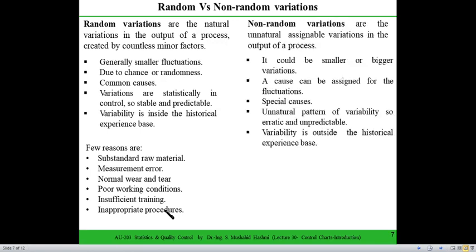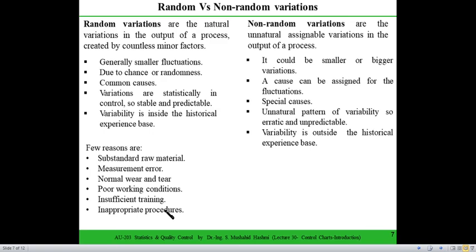In contrast, non-random variations are the unnatural, assignable variations in the output of a process. In contrast to random variations, non-random variations could be a big variation, a variation in the mean as well as in the variance. There are special causes associated with non-random variations, and the pattern is not predictable.